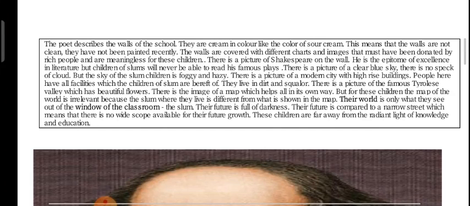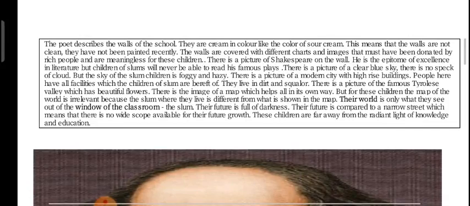Their future is full of darkness. Their future is compared to a narrow street, which means that there is no wide scope available for their future growth. The children are far away from the radiant light of knowledge and education.